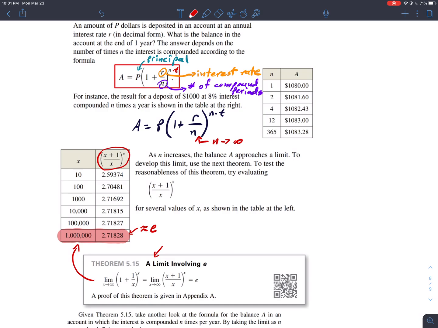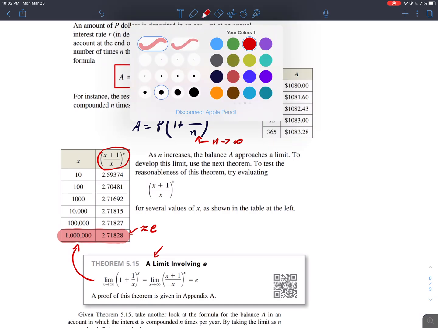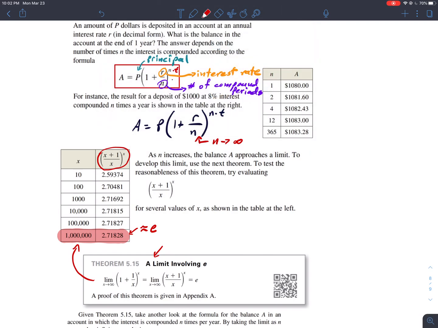Now, that's not exactly a formal proof. As it says here below, the proof of this is found in Appendix A in the back of the textbook, which I don't think any of you have a hard copy of, but it's not exactly a proof, but it's pretty convincing. If you look at this table, if x gets increasingly larger, then that function is approaching the value of e.